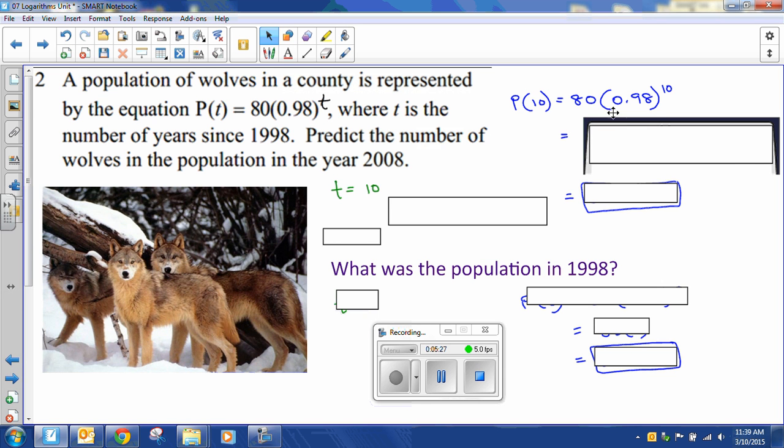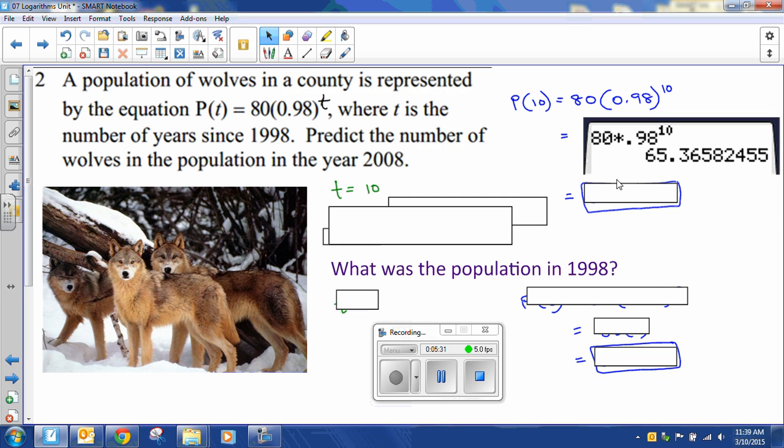P of 10 equals 80 times 0.98 to the 10th power. Carefully plugging into our calculator, we end up with 65.365. We don't need the decimals because there's no such thing as 0.365 of a wolf. So 65 wolves is the population in 2008, and as you can see, they have been dying off. We started with 80 down to 65.